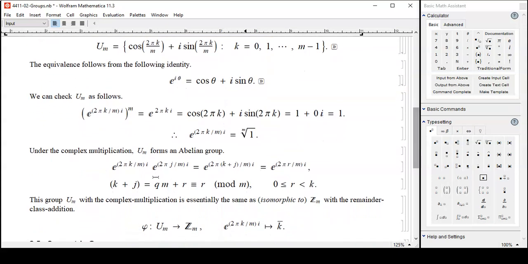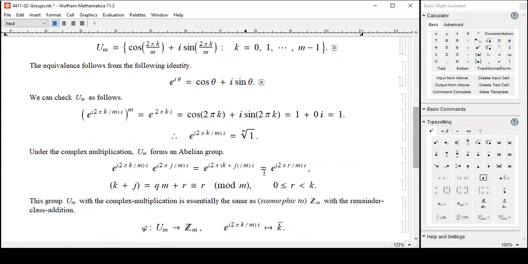If you look at this multiplication in terms of exponentials, we have addition on the powers, and furthermore, it's addition modulo m. Haven't you seen that before? Yes, you have. It's exactly the same as the residue class group Zm.